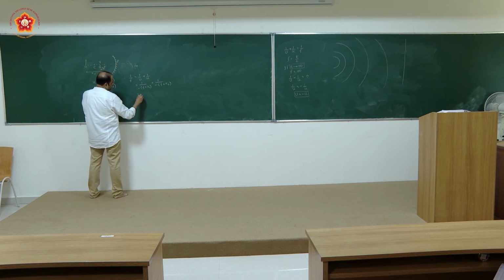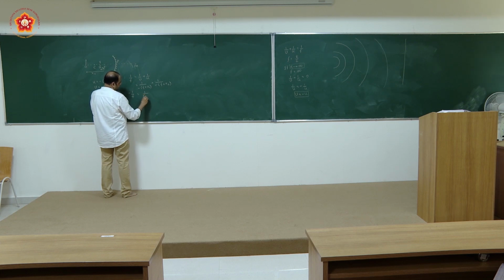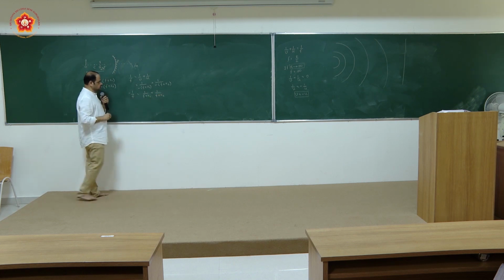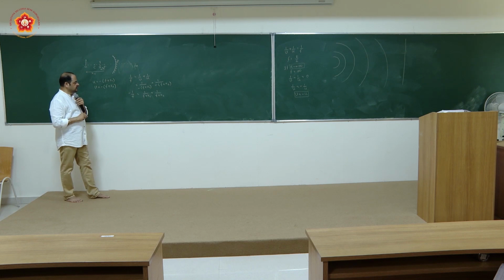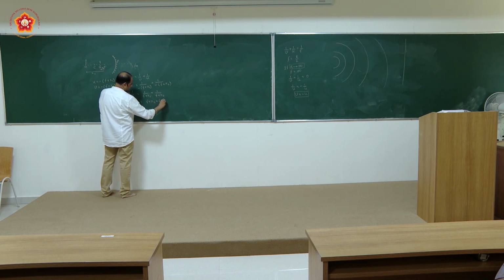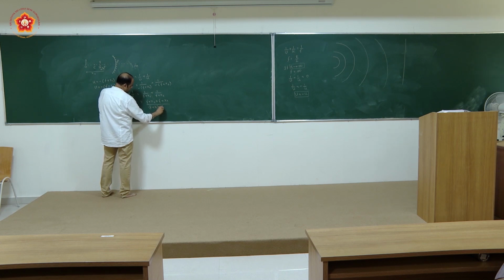This will be minus is there, so I can put it as minus of 1 upon f plus x1 plus 1 upon f plus x2. I have taken minus sign common, shifted to the left side. So this will be giving me a relation as f plus x2 plus f plus x1 divided by f plus x1 multiplied by f plus x2.